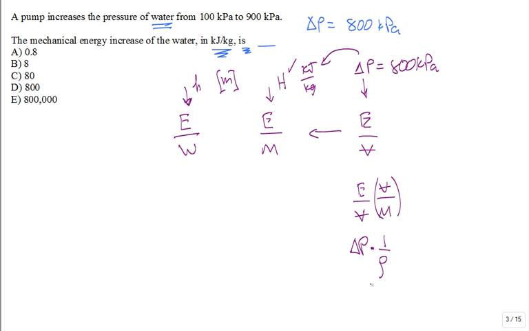Is that true? Is that equal to the head, which is the energy per unit mass? Okay, so we have 800 kilopascal divided by 1,000 kilograms per meter cubed.